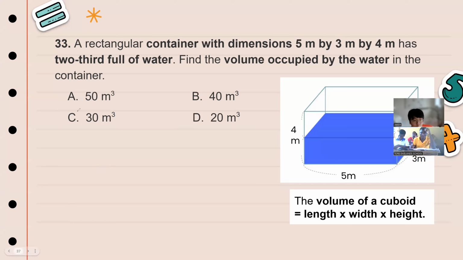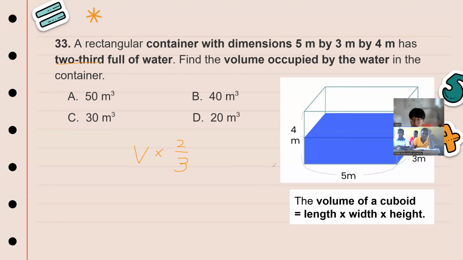Yeah, so the water volume is 2/3 of the container. And so we find the volume of the container first, and then take 2/3 of it. So we're finding the volume multiplied by 2/3.